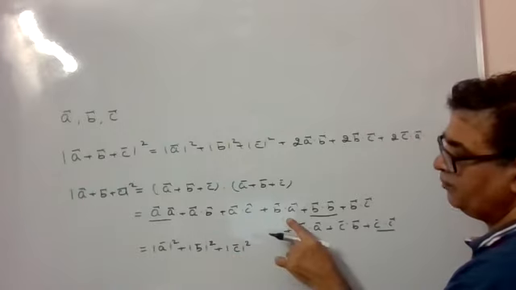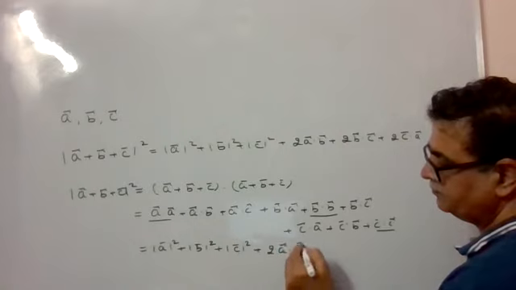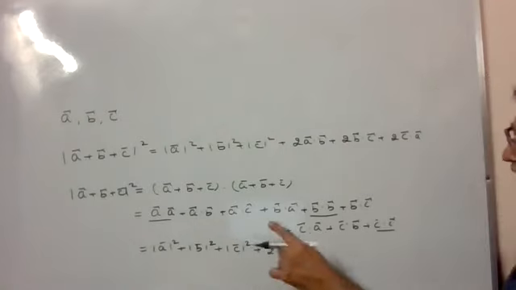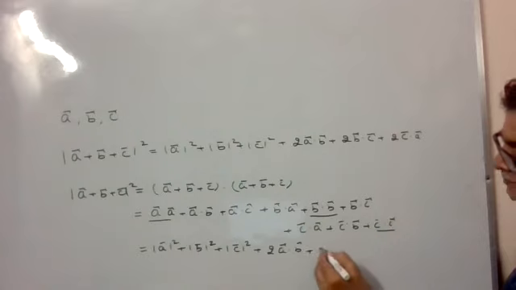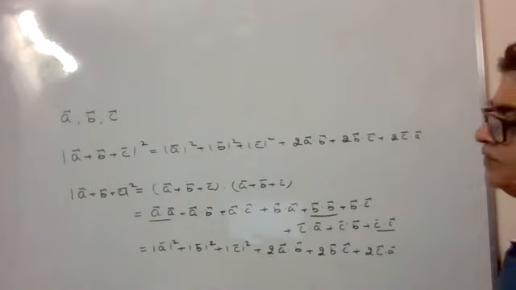A dot B and B dot A, so it is twice A dot B. Then twice B dot C, and then twice C dot A. Hence proved.